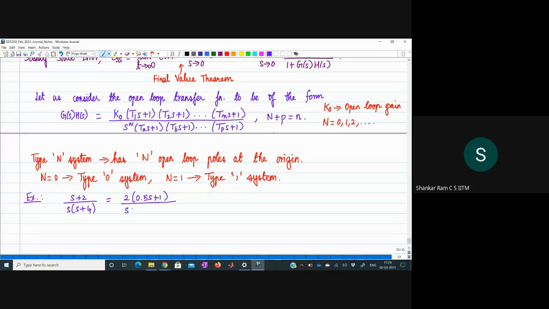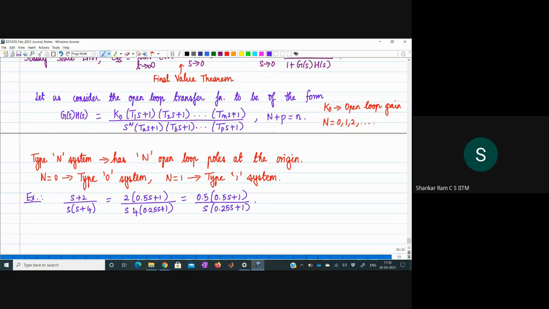In the denominator, I take 4 common, I will get 0.25 S plus 1. 2 by 4 will be 0.5, so I will have 0.5 times (0.5 S plus 1), and I will have S times (0.25 S plus 1) in the denominator.